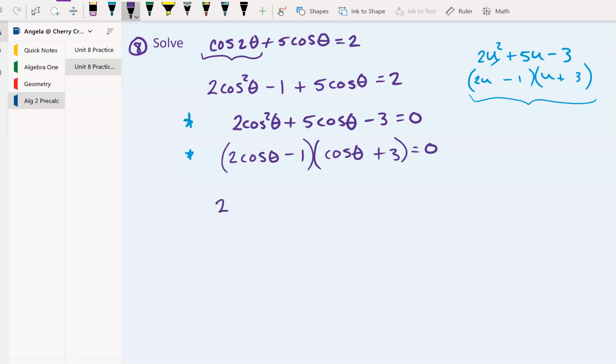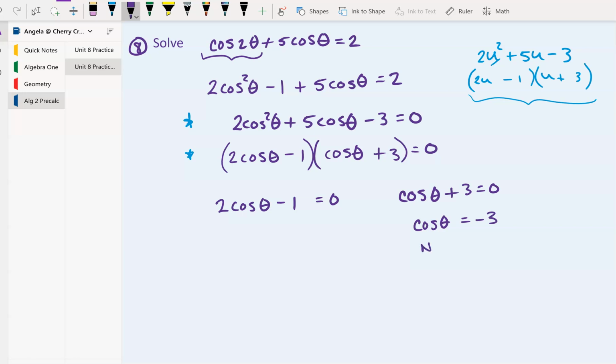So zero product property states that we can set these components each equal to 0. What you'll notice about cosine of theta plus 3 equals 0 is that this is going to result in no solutions because we cannot have the cosine be smaller than -1 or greater than 1.